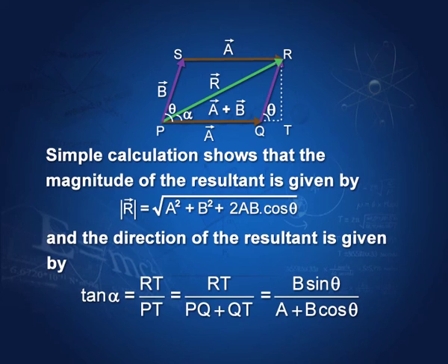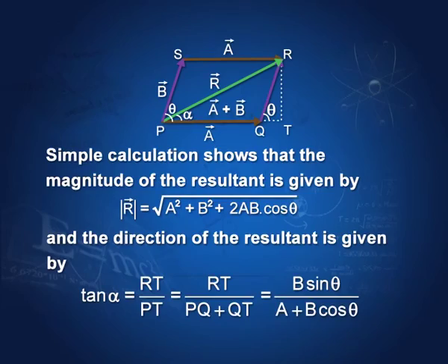And now a little bit of trigonometry would show that r square is equal to a square plus b square plus 2ab cos theta. The magnitude of the vector r, that is the resultant, is the square root of a square plus b square plus 2ab cos theta.